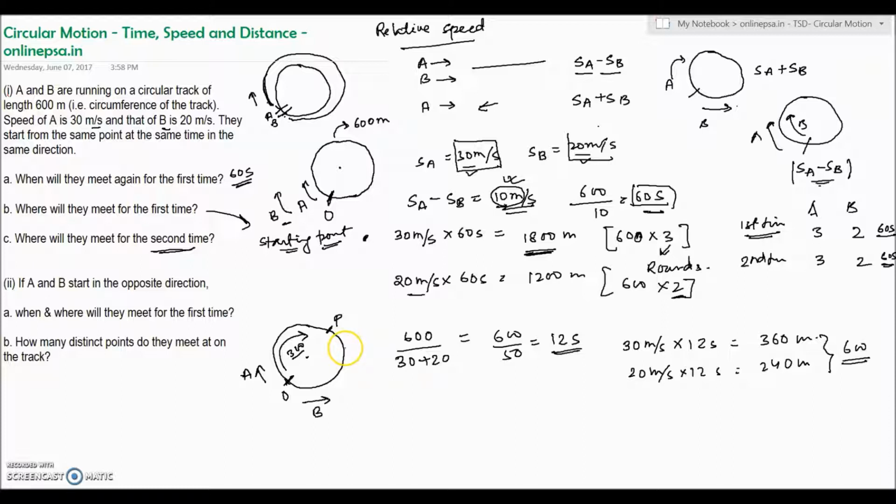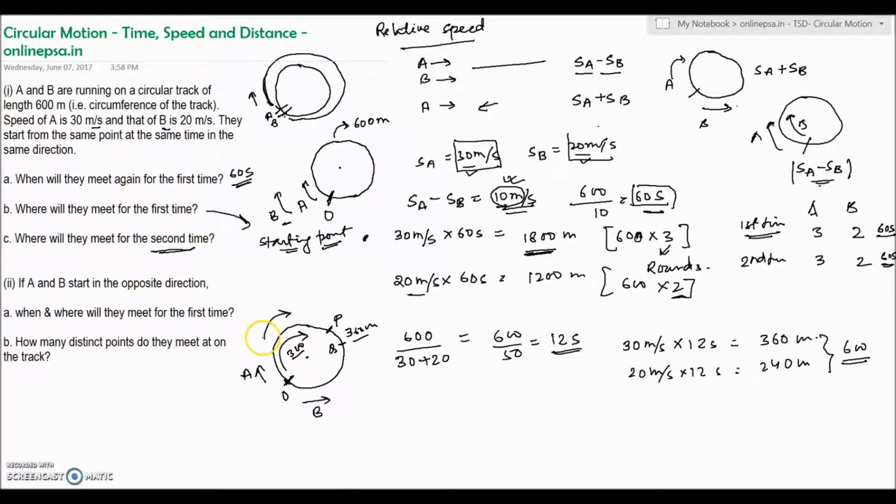A would have covered 360 meters, and if I name this point Q, OQ in the clockwise direction would be 360 meters. So they meet at a point Q, which is at a distance of 360 meters on the circle in the clockwise direction.